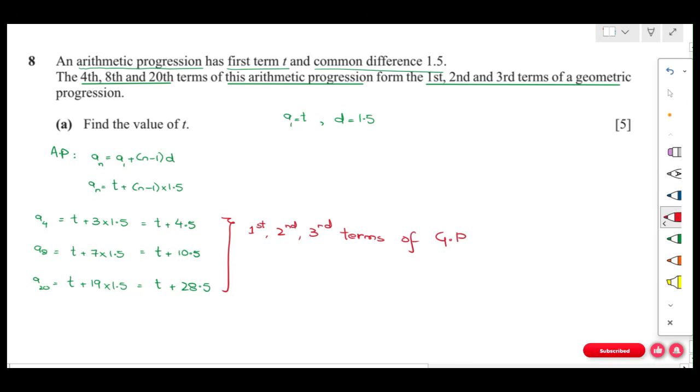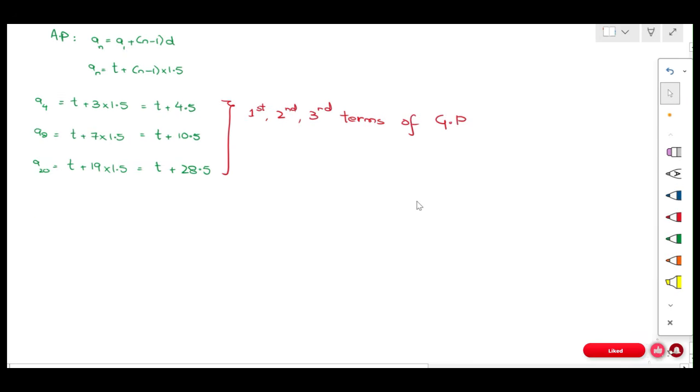So we have to solve for t in part A. These are the first, second, and third terms of the geometric progression. The first term is t plus 4.5, the second term is t plus 10.5, and the third term is t plus 28.5.